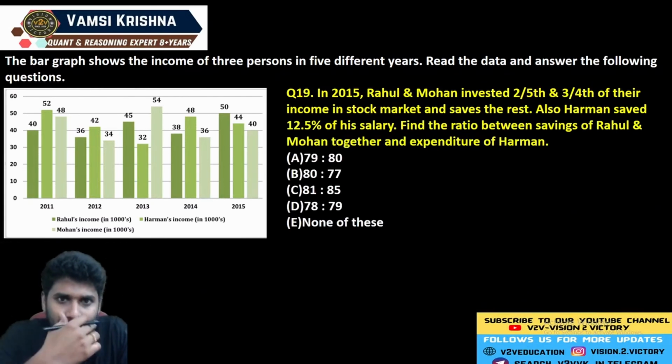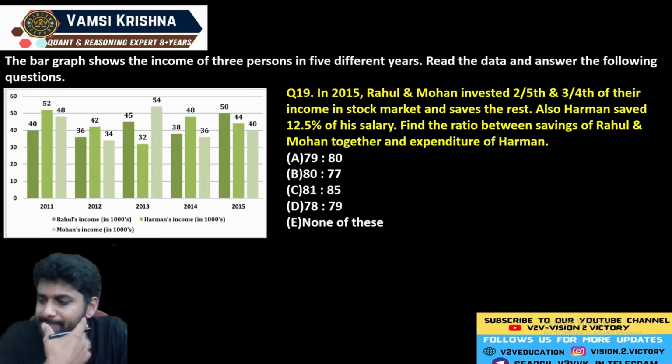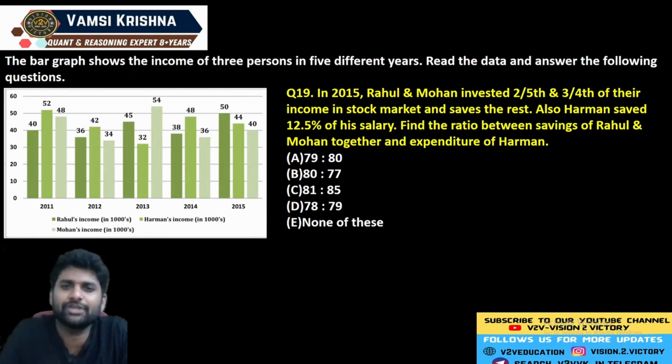Go through the next one. Now see the 2015 data. Now the data is related to 2015. Rahul and Mohan invested 2/5 and 3/4 of their income respectively in the stock market and save the rest.